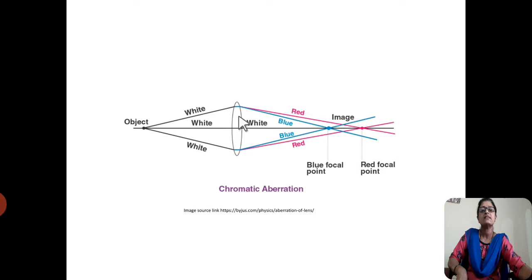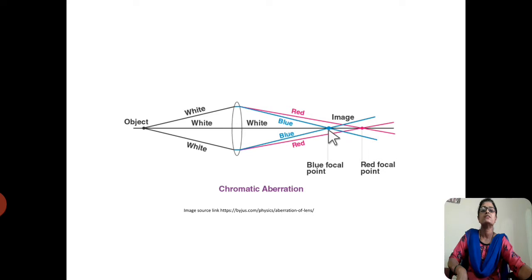The lens has a defect, so all the rays coming from this white light will be split into a number of constituent colors. The blue will merge at this point and all the red rays will merge at this point. Therefore, the different colors merge at different points.